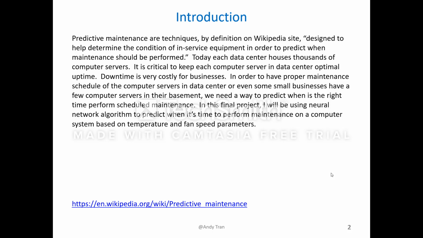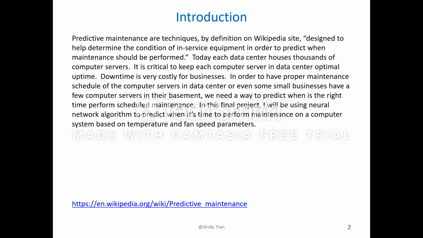In a data center, or even a small business that has a couple of computers that need to run 100% of the time, it is very costly for those machines to go down. You lose customers and you cannot do any work, even if you have a couple of machines at your shop or something like that.